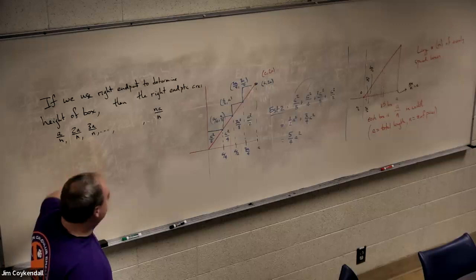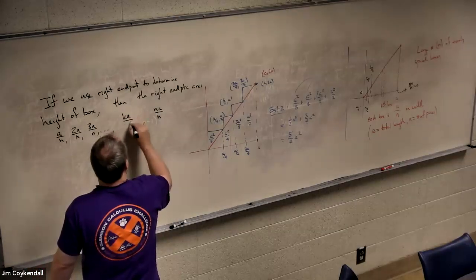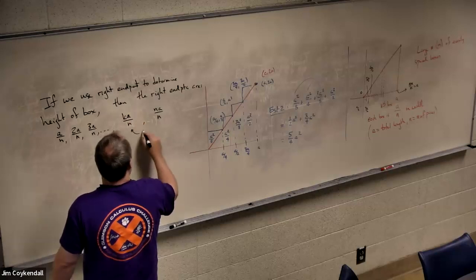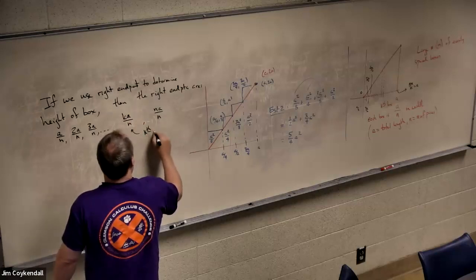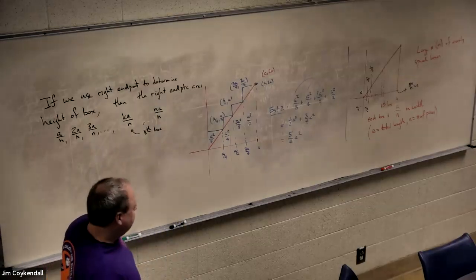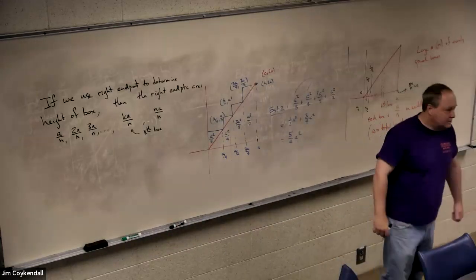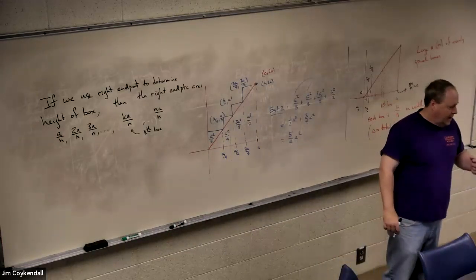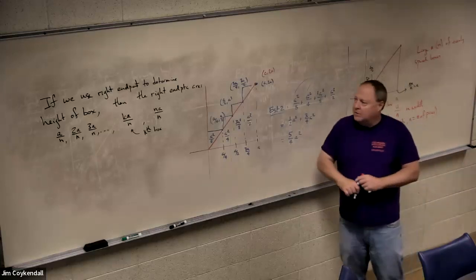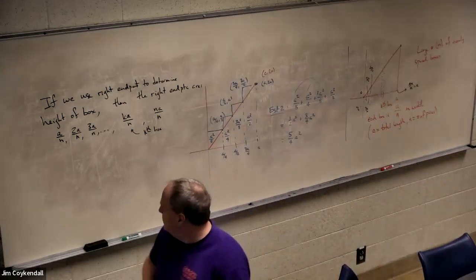This is the endpoint of the third box. And this is the endpoint of the last box. Okay, I know each box is A over n in width, right? And I'm using the right endpoint to determine the height. So what is the height?